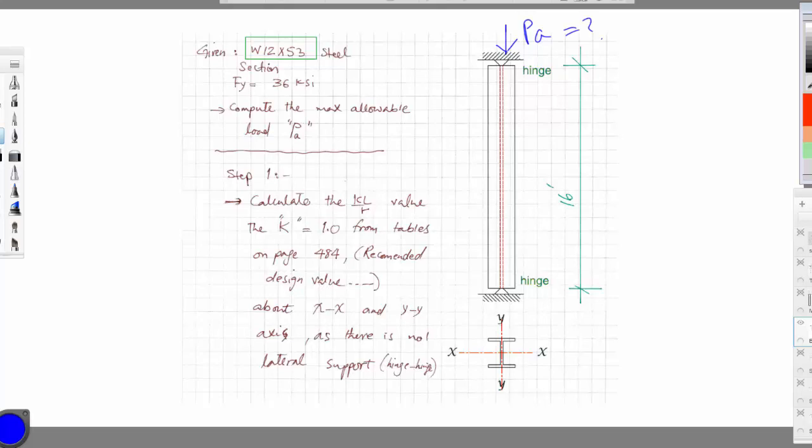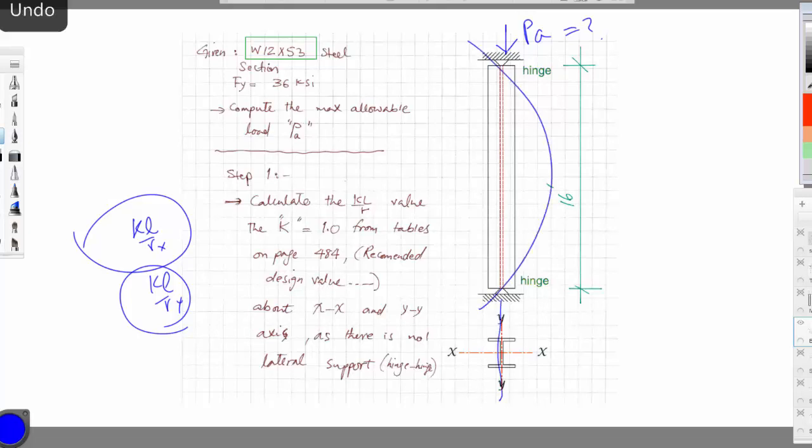So there are three straightforward steps. The first step is we would like to get the value of KL over Rx and KL over Ry. What does this mean? We need to see what the buckling about YY is, which is this, and what the buckling about XX is, which will be in the front direction.